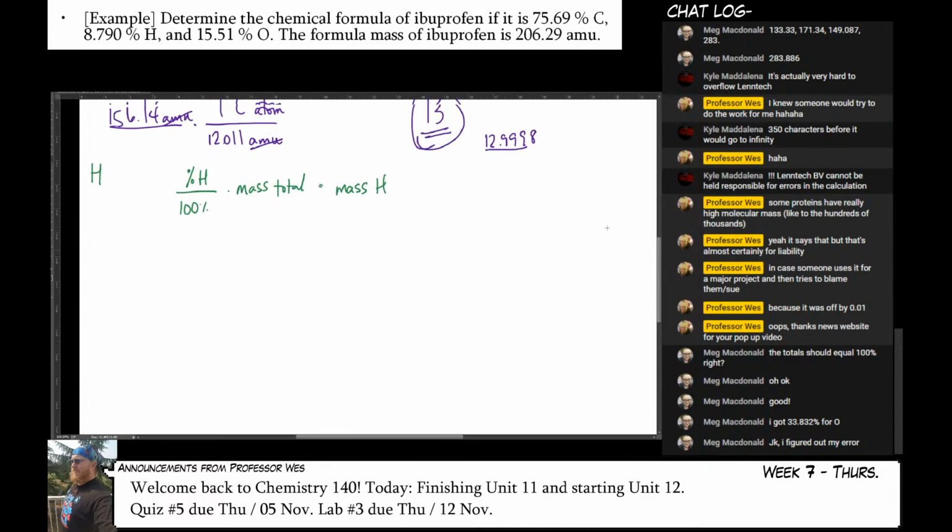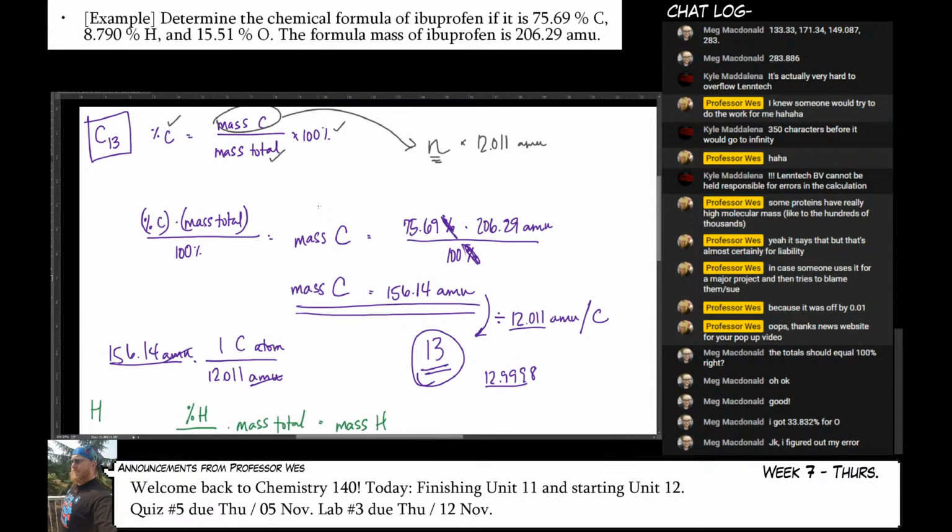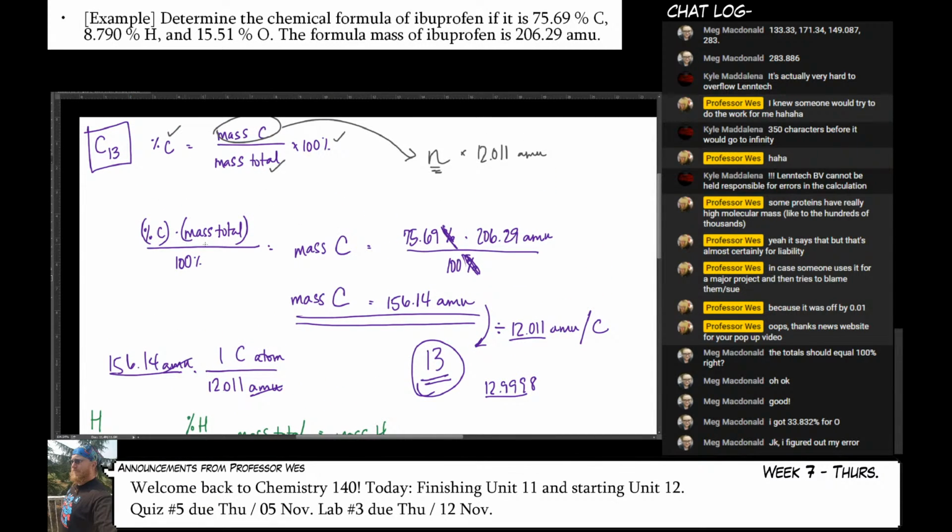And again, that's just me rearranging the formula that I used before. So if this is my mass for carbon, here's the rearranged formula. Oh, sorry, that's up here. So here's the rearranged formula.